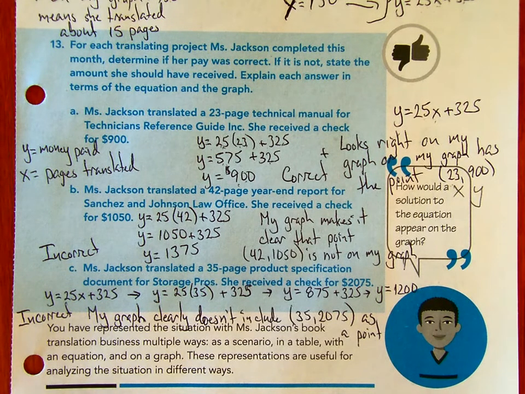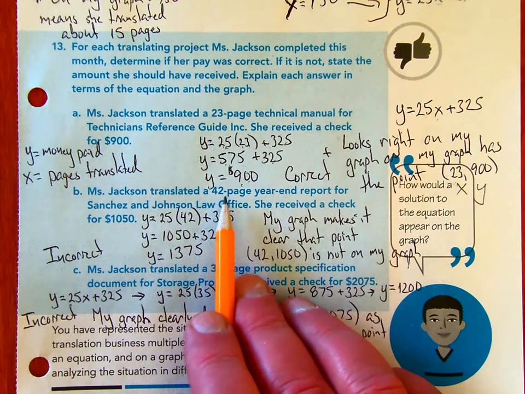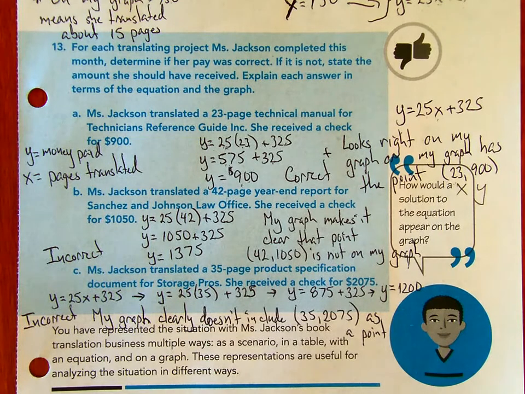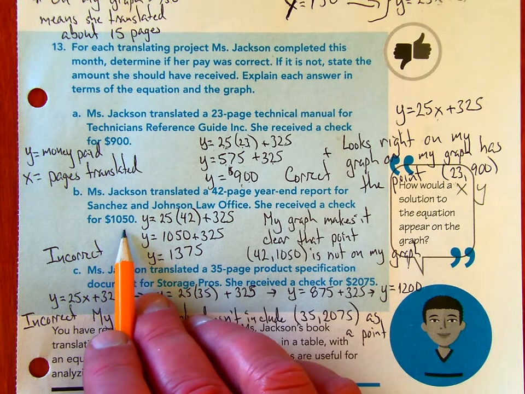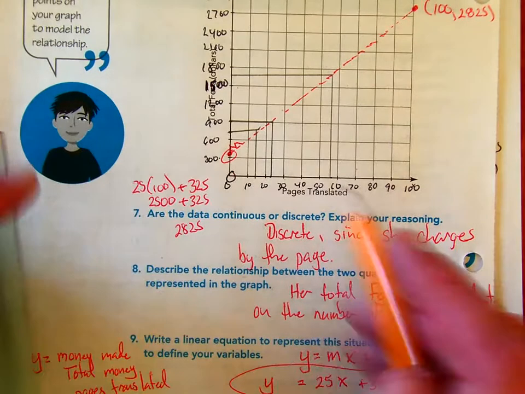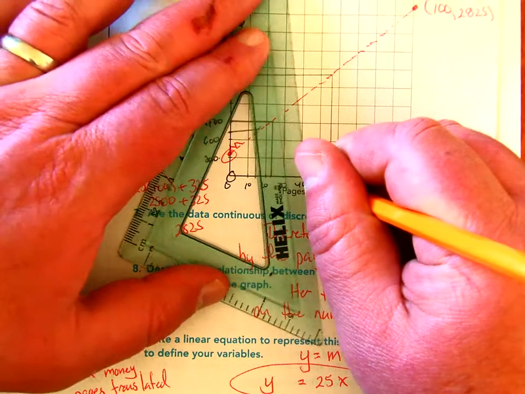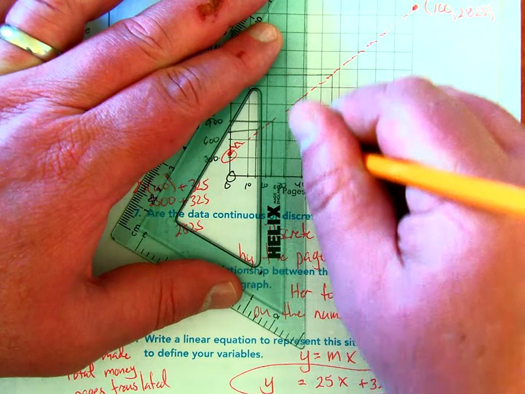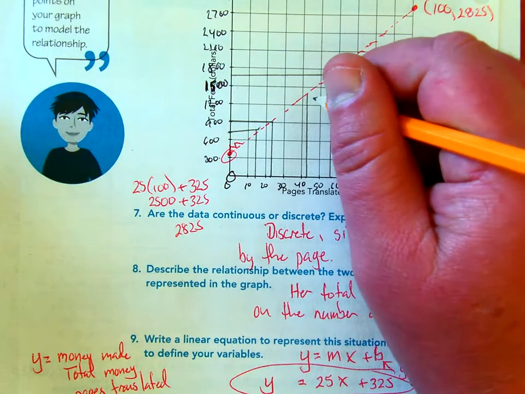On 13b, she translates 42 pages, and she gets a check for $1,050. Let's see if, when x is 42, y is 1050. When x is 42, that's a little past 40. So we're going to take that up to our line, and then we're going to come across with it.